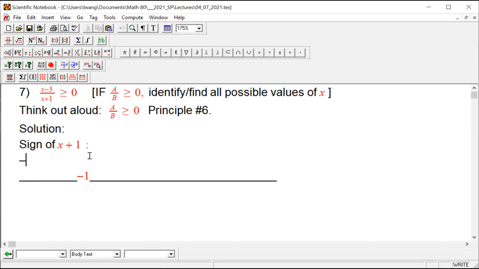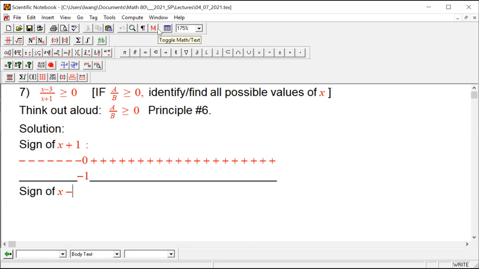And at -1, it's going to be 0. And after -1, when we plug in any number larger than -1, the sign of x plus 1 is positive.